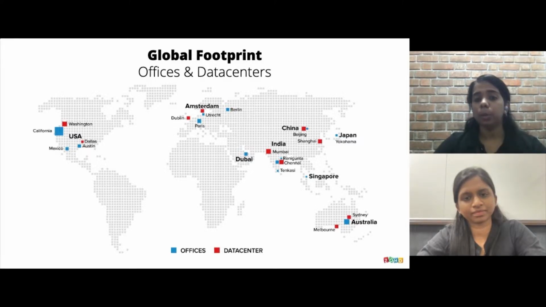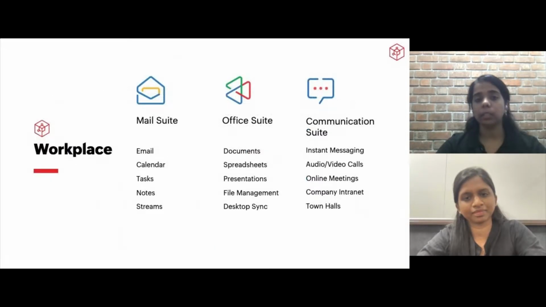So today we'll be talking a lot about Workplace, and Workplace is actually a suite of applications which we can broadly categorize into these three buckets. So of course we have Zoho Mail, which is the business email part of it, and this actually comes bundled with a full-fledged calendar, tasks, a note-taking app, and a sharing and commenting platform, which you can use for collaborative work.